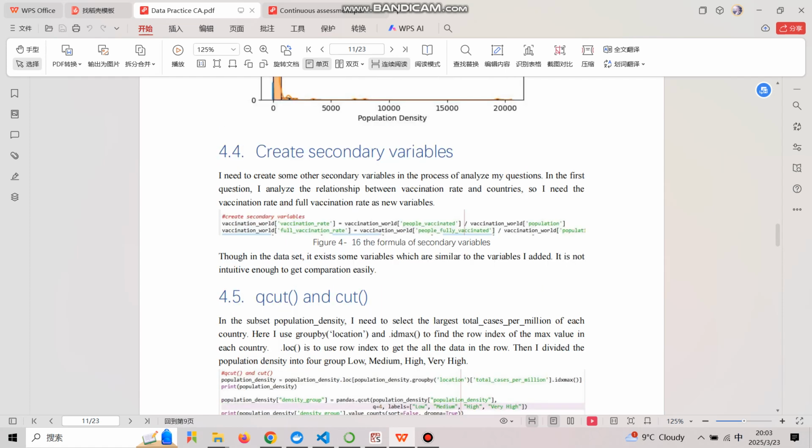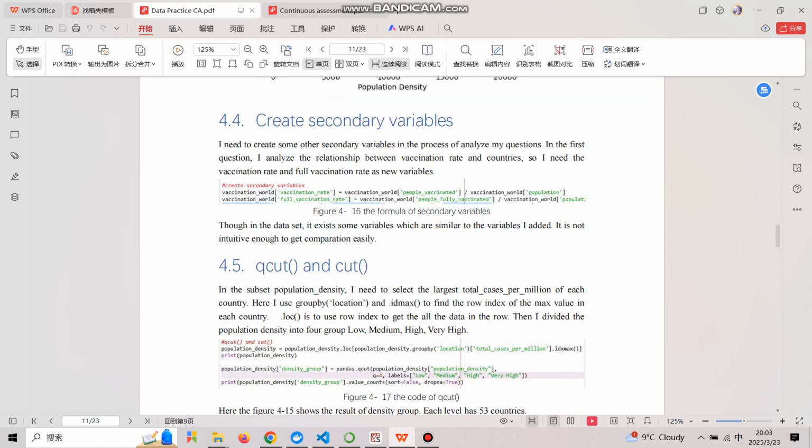Then in the dataset, I created some secondary variables, the vaccination rate and the full vaccination rate. Although the dataset had variables like vaccination per million and per thousand, they were not direct enough to show the relationship to the epidemic.